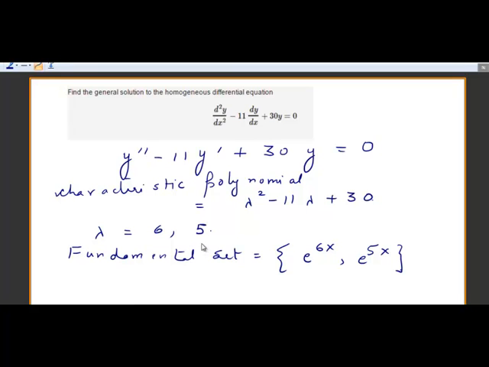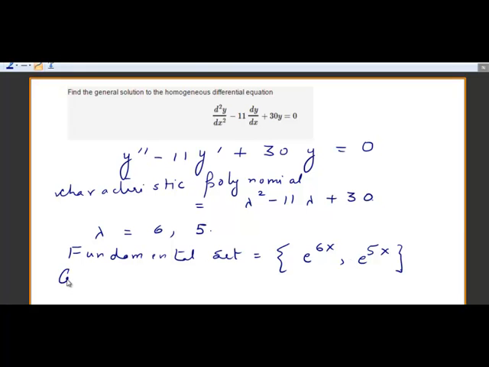And when we say something is a set, either use set builder notation, curly braces, put the functions, or just pick the notation of a set. So these two members will be forming the set.